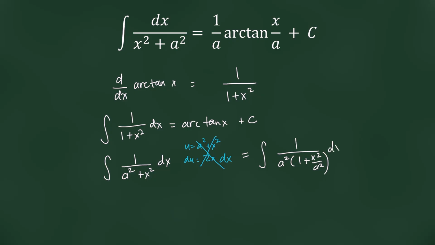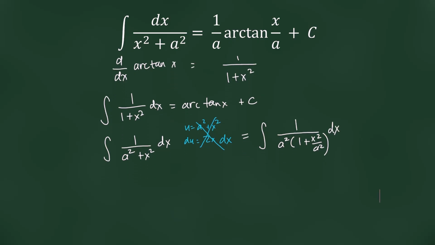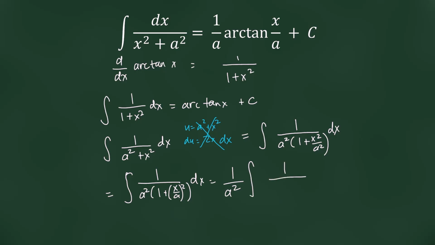Notice that that is 1 over a squared times 1 plus the quantity x over a squared. We can pull the 1 over a squared out in front, so we'll get 1 over a squared, and then we have the antiderivative of 1 over 1 plus x over a squared dx.